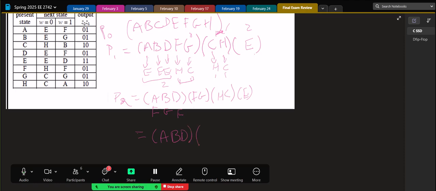F goes to F, and G goes to G, which are in the same group, so they can stay together. H goes to A, and C goes to B. Turns out A and B are in the same group, so they can stay together. And E, we don't have to check that.